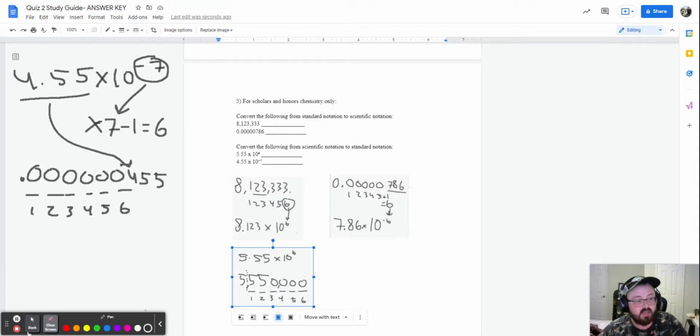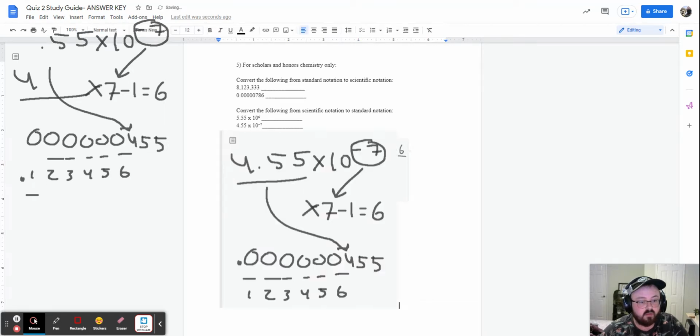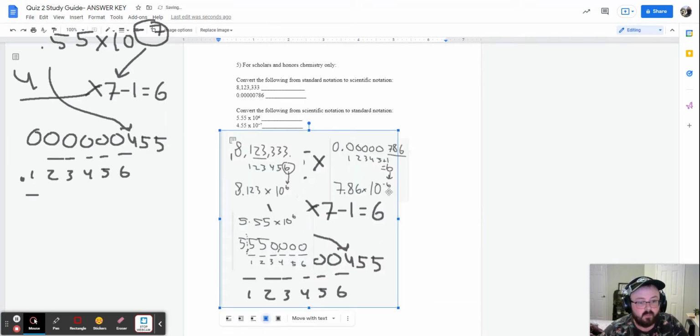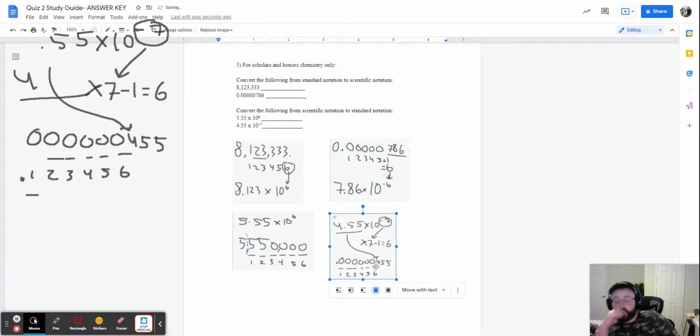So that is everything for this quiz. I'm going to post this in. This quiz is going to be very similar to what I just went over. I'm telling you all that right now. I'm not going to be doing something like this for the test. I will not be doing a review like this. We're going to be doing an in-class review.